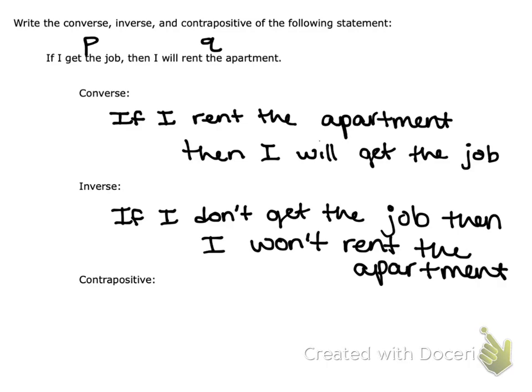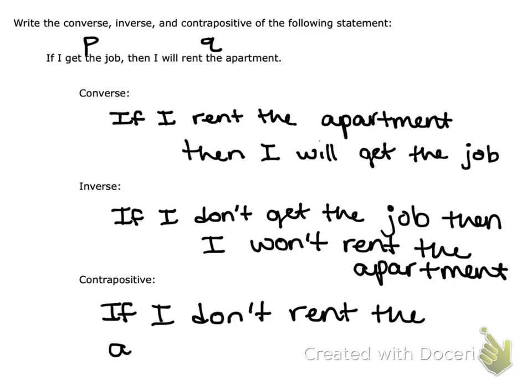And then contrapositive flips them and negates them. So if I don't rent the apartment, then I won't get the job.